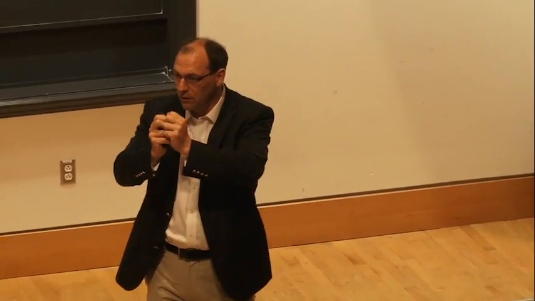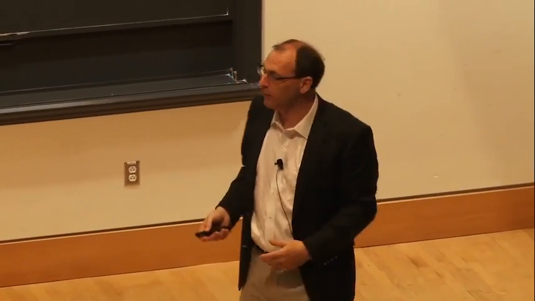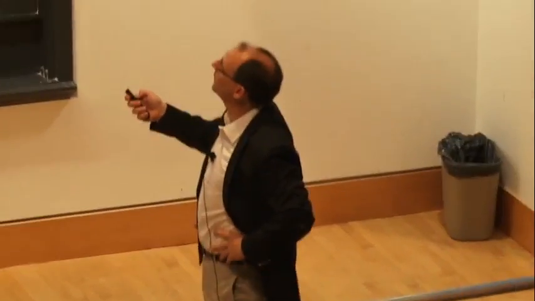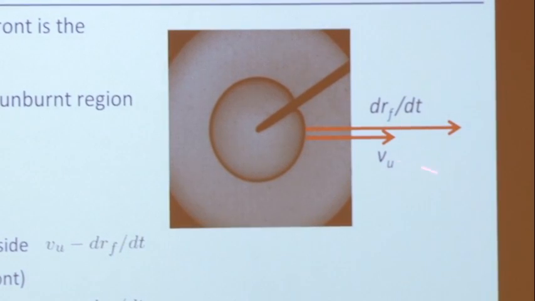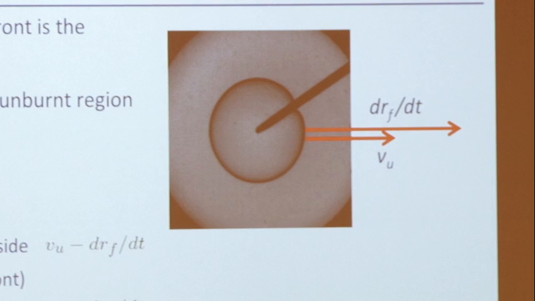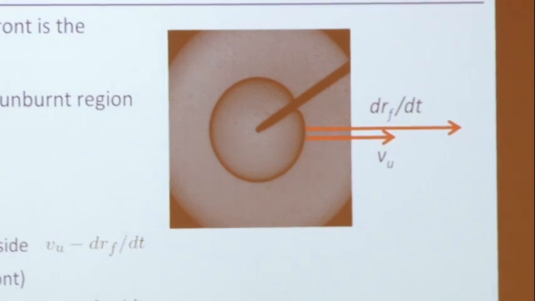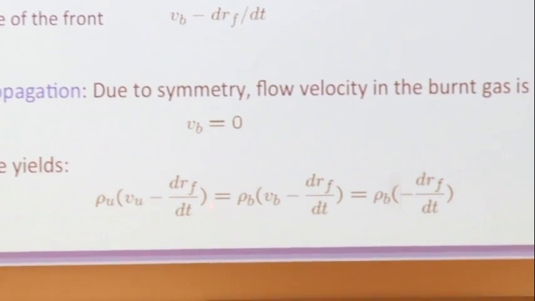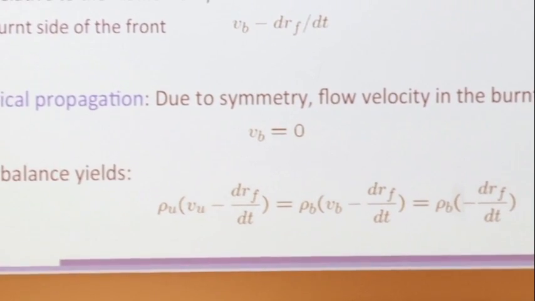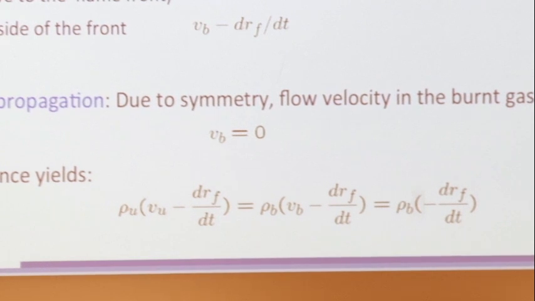It's like an explosion where you really induce a flow away from the flame. And so VB is 0, and VU here is non-zero, because that's pushed away from the flame. And then you have this relation here between the unburned and the burnt gases.